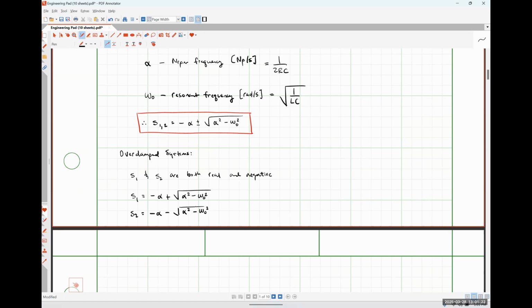Okay. In order for S1 and S2 to both be real and negative, what has to happen is that alpha needs to be greater than omega naught. So I'm going to draw a graph here in a moment, but I'm going to essentially try to describe what's happening with an overdamped system, okay?